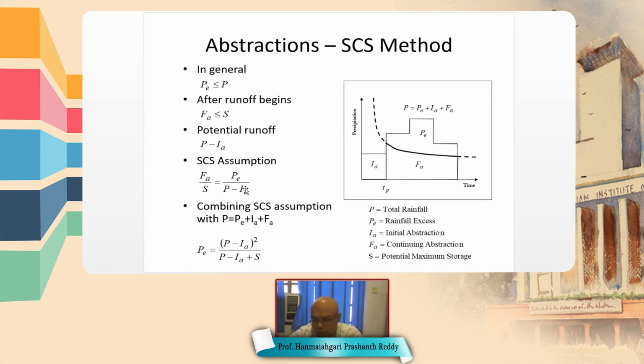So the SCS assumption is Fa by S is equal to Pe by P minus Ia. The actual infiltrated water volume divided by the maximum storage, the maximum water that can be absorbed by the soil, is equal to excess rainfall divided by potential excess rainfall, that is P minus Ia.